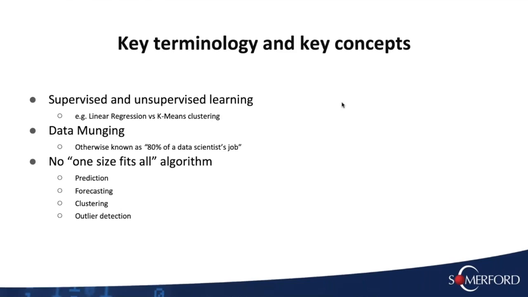There's no time element there. Forecasting is: if I've sold this much ice cream in June, how much ice cream will I sell in July? So there's a time element there. If you're looking forward to predict a variable based on time, then you're forecasting. If you're just looking to predict a variable based on another variable, then you're predicting.